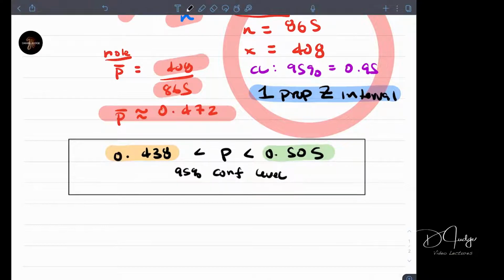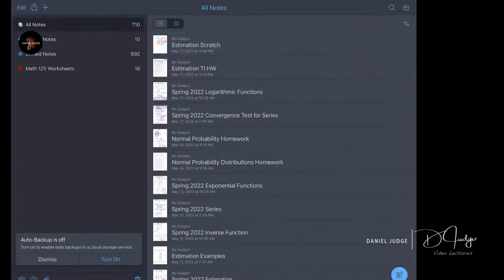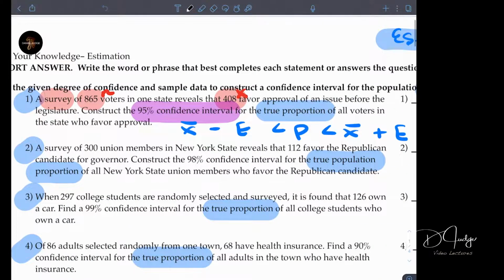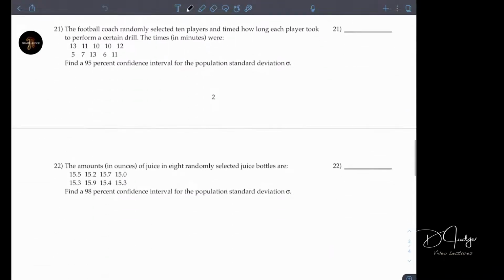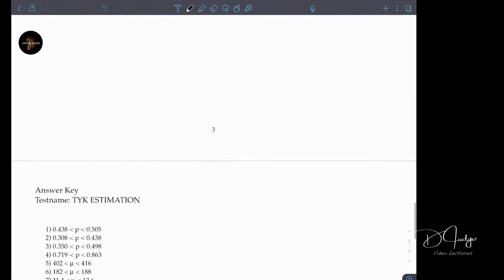Now what I'm going to do here today is I'm going to do the odds. 1, 3, 5, 7, 9, and so on. But let's take a look and see if we should fire the publisher, right? What do they give us for question 1?